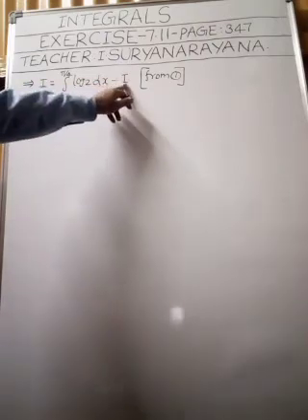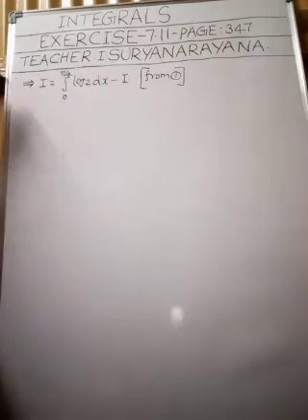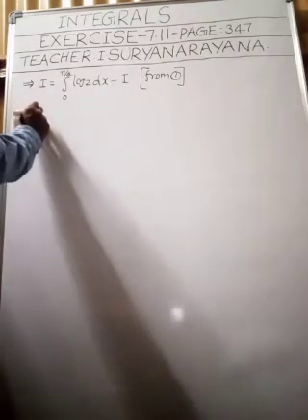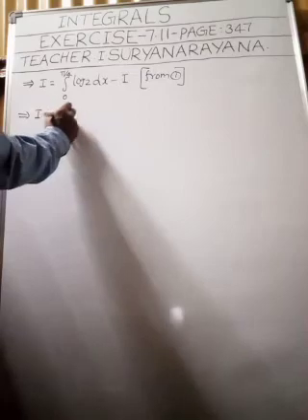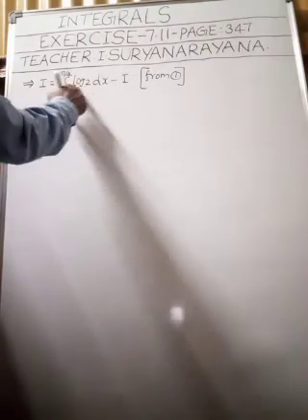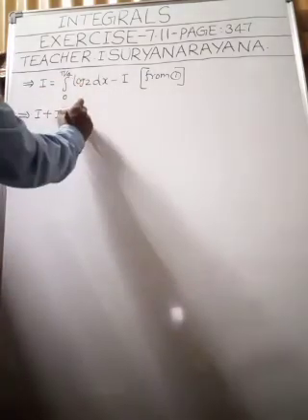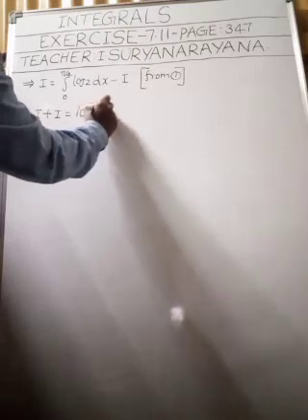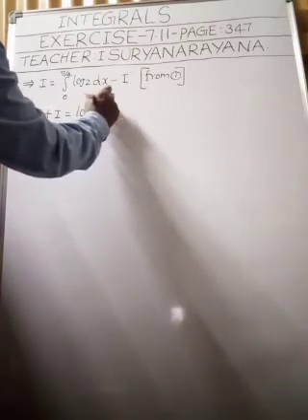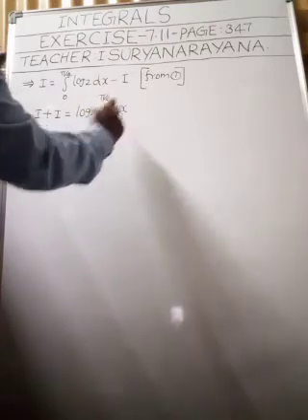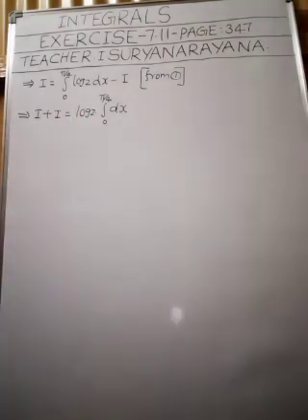So understood this step, my children? Right. Now transpose this minus I to LHS. Then what you get? I plus I is equal to, here log 2. This is a numerical coefficient. We can write it outside. Log 2 into integral 0 to pi by 4 dx. Understood this step, my children? Right.